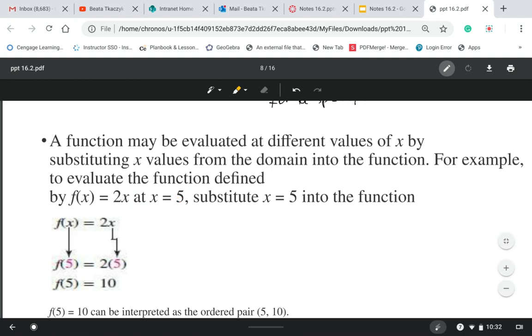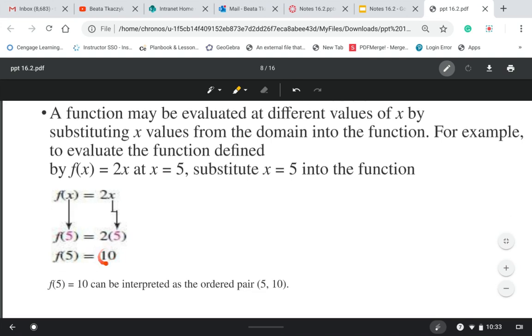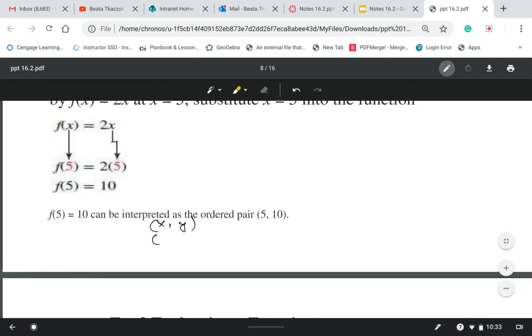So we substitute x with 5, evaluate, and we end up with 10. So f of 5 equals 10, that means this function has a point, again, don't forget x, y. When x is equal to 5, we find the y value, the output, which is equal to 10. So this is your f of 5.